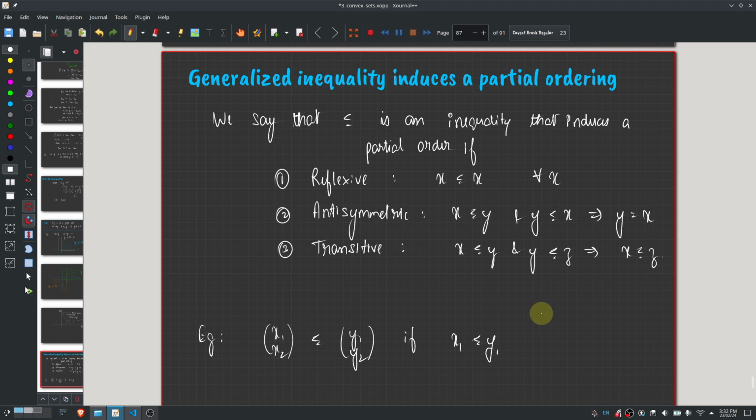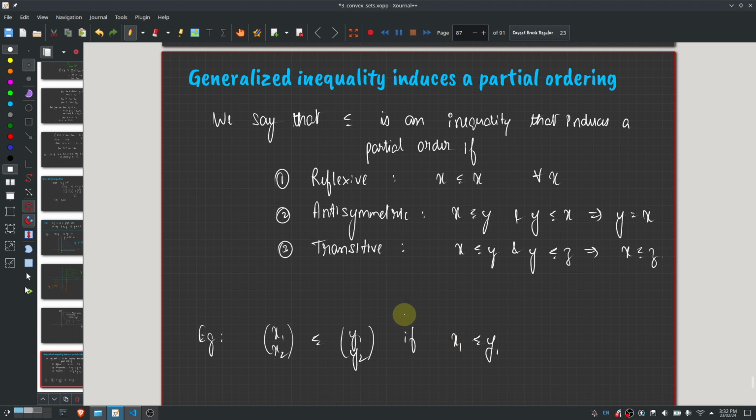All right, is this reflexive? Yes, right, because x1 is less than or equal to x1 anyway. Is it transitive? If x is less than or equal to y and y is less than or equal to z, then it must mean that x1 is less than or equal to y1 and y1 is less than or equal to z1. So x1 is less than or equal to z1, or x is less than or equal to z.